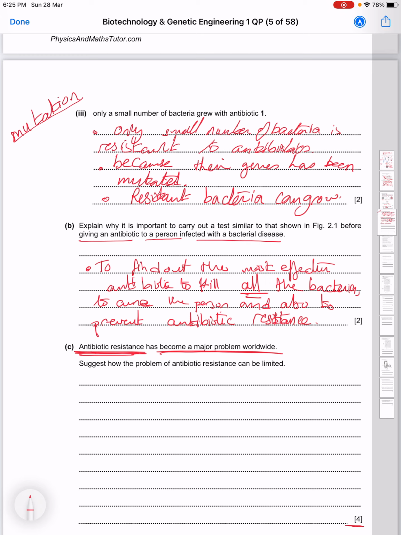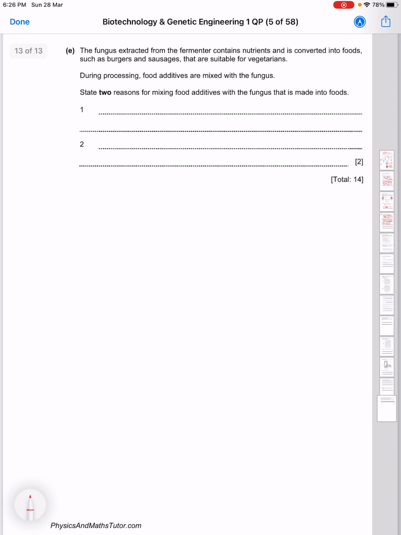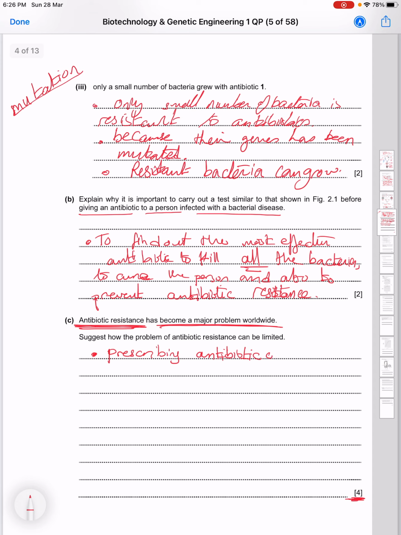Let me add that into bullet points, or the points that will have the mark, referring to how the problem can be limited. So, prescribing antibiotic only when needed.